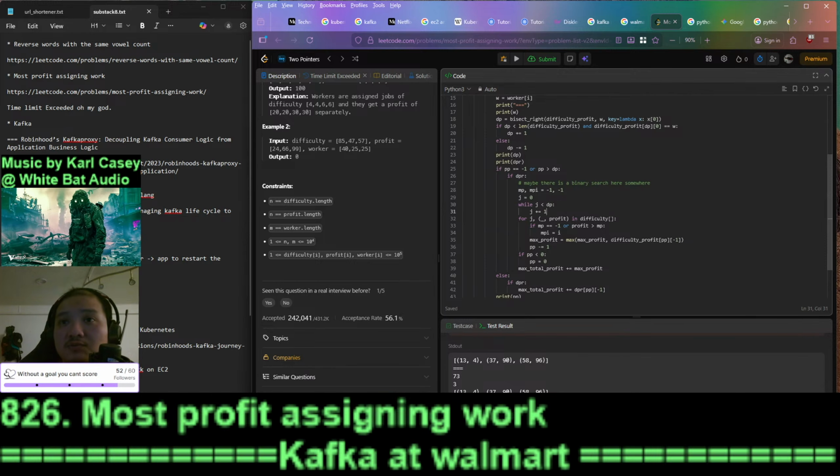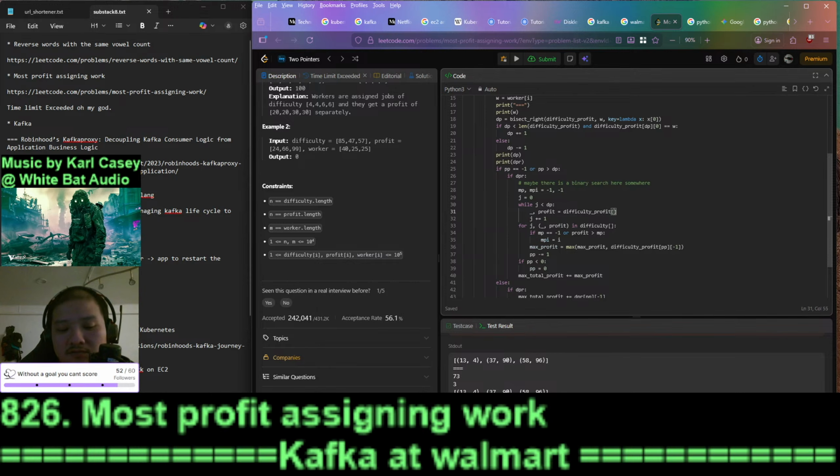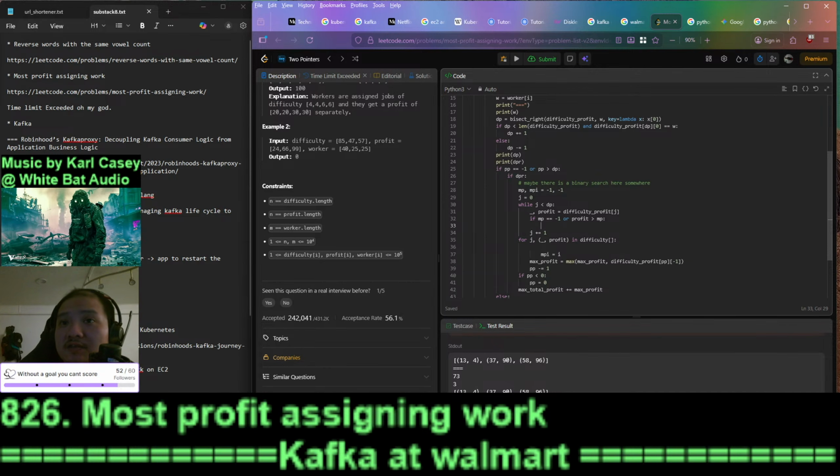So J plus equal 1 here, right? In here we got whatever this is, profit equal difficulty profit, right? Of J. And let's see what that. So if all profit greater than MP, then MPI equal to J, and max profit equal profit.